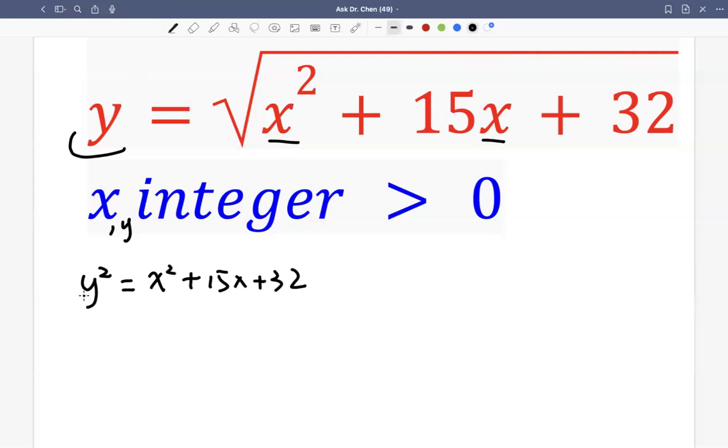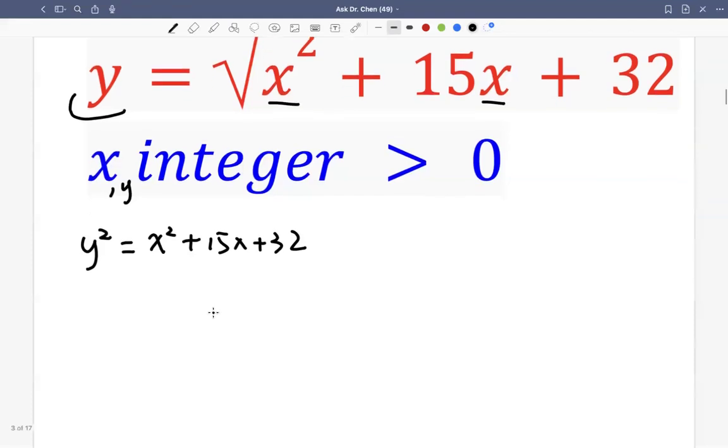So let's make perfect squares. y squared is already a perfect square, but we won't be able to make this side a perfect square without getting into fractions, and we don't want to get into fractions. So what do we do? Let's multiply by 4 on both sides.